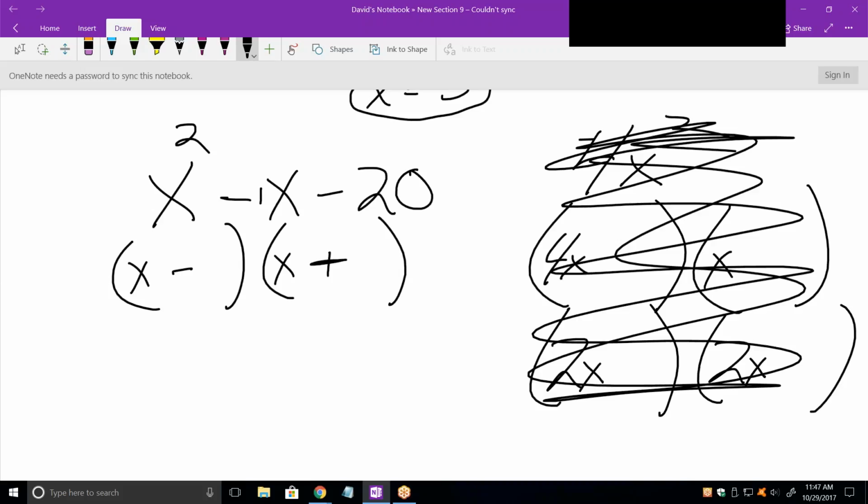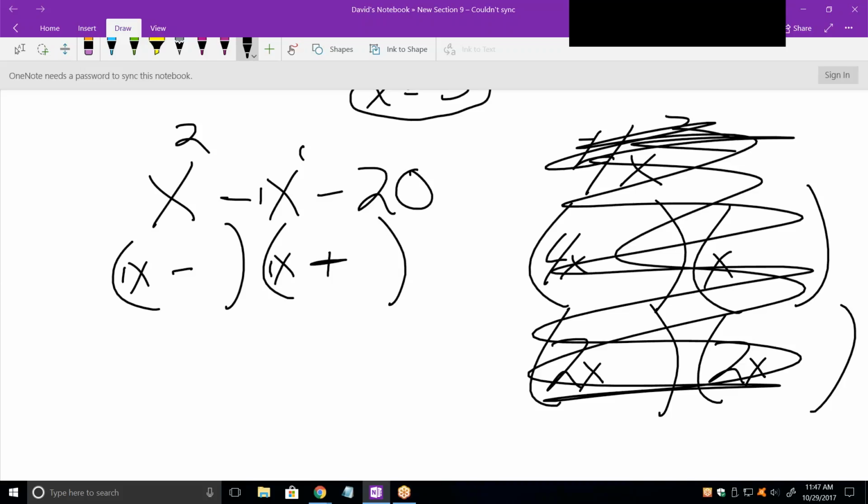In other words, when you see x, there's a 1 right here too, and there's a 1 right there. There's always a 1 implied, just like there's a 1 exponent also. But you don't have to write it if it's 1 usually. So I need factors of 20 that subtract to the number 1.